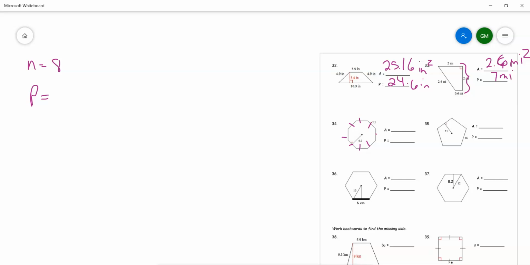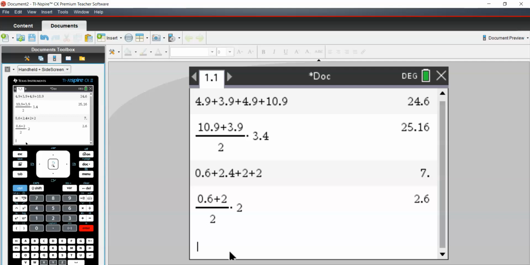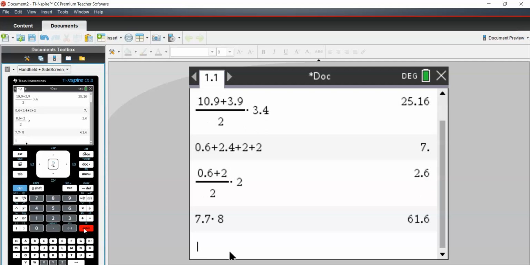It's a regular octagon, so we're just going to multiply the side length. In this case, side length is 7.7 units of whatever units they are; they don't give us a unit. So it's going to be 8 times 7.7. That comes out to 61.6.